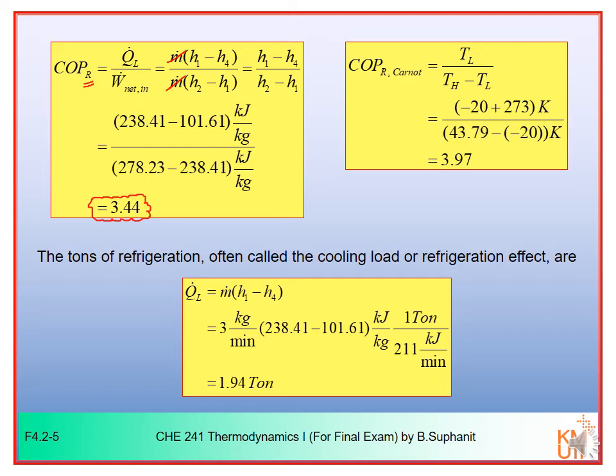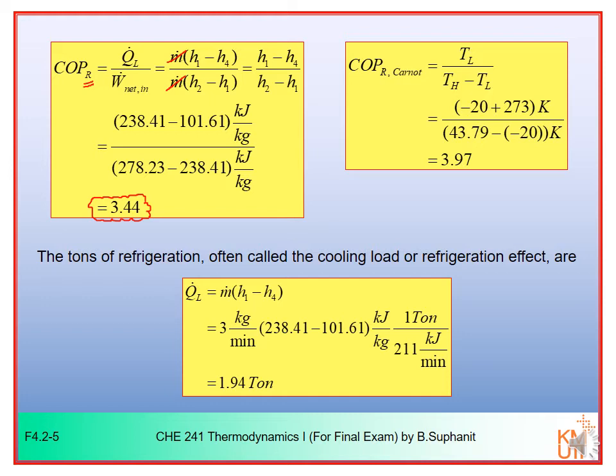So you change the temperatures, TL is minus 20 plus 273. Down here it's a temperature difference, TH minus TL, so you don't have to add 273 and then subtract it again. The difference in Kelvin is equal to the difference in Celsius. So you can just substitute the Celsius value here.